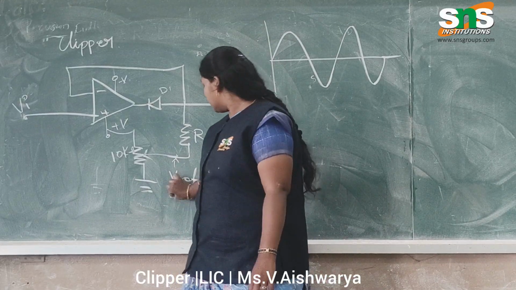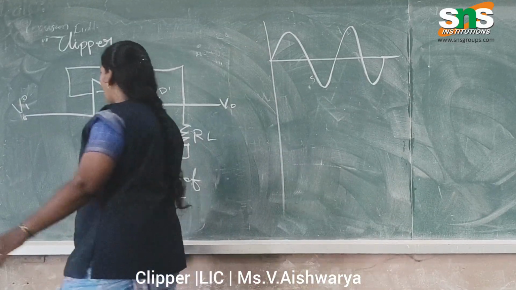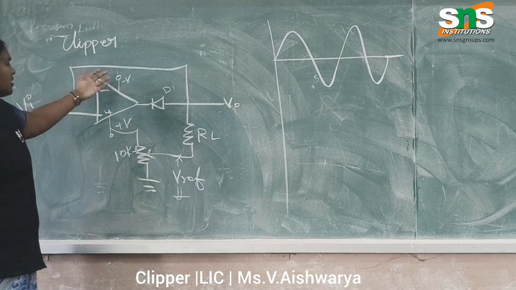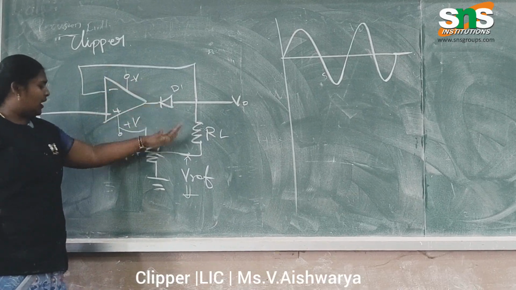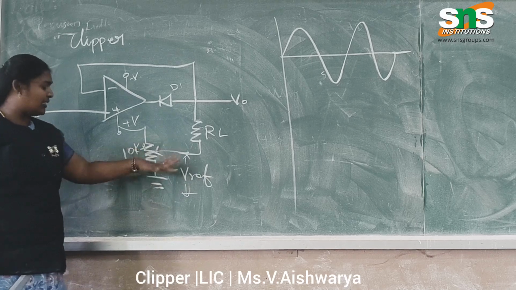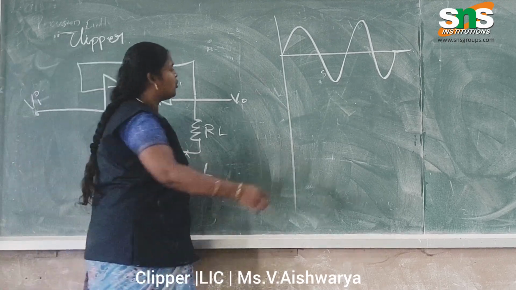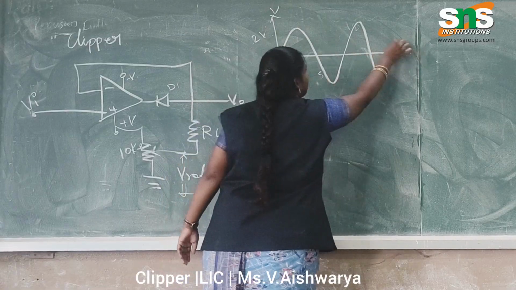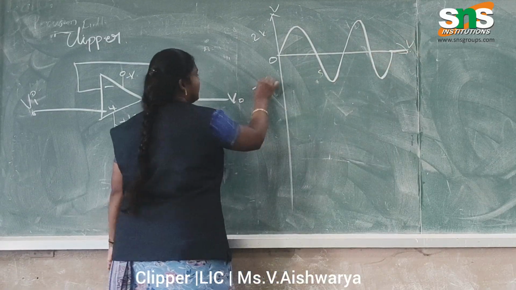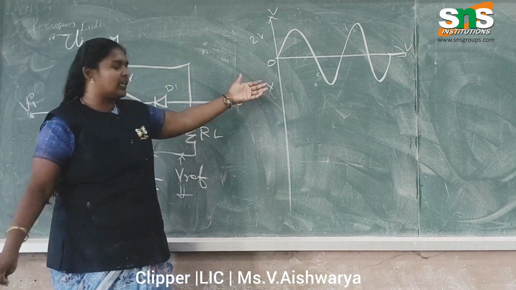So we just discuss how it works. I apply the input signal to the non-inverting terminal, and by using the V reference I adjust the value. Assume the input voltage is minus 2 and plus 2, totally 4 volt.